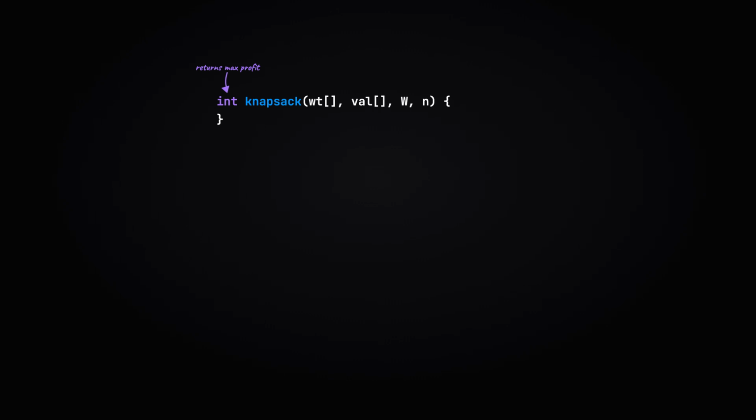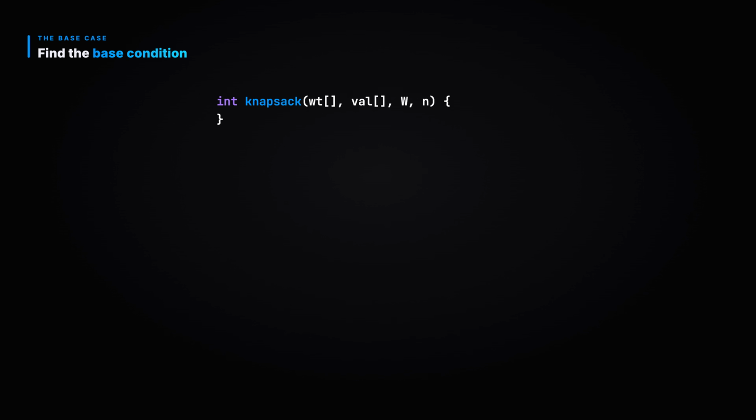Now that we understand the choices, let us write the recursive function. The function needs to return the maximum profit, so its return type will be an integer. It takes 4 inputs: the weight array, the value array, the remaining capacity of the knapsack, and the number of items still available for consideration.